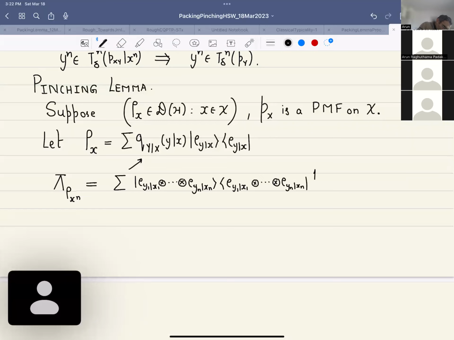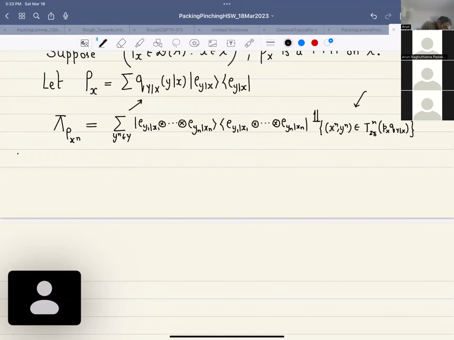I choose only those yn such that xn comma yn is typical according to the classical notion T delta n of px times qy given x. This was our conditional typical projector. So I sum over all yn here, but include only those terms through the indicator function.